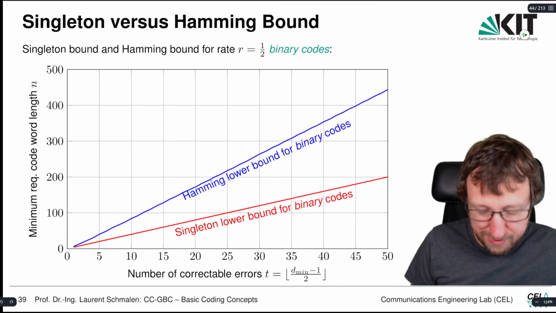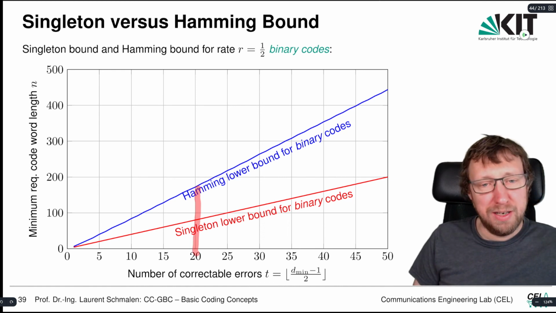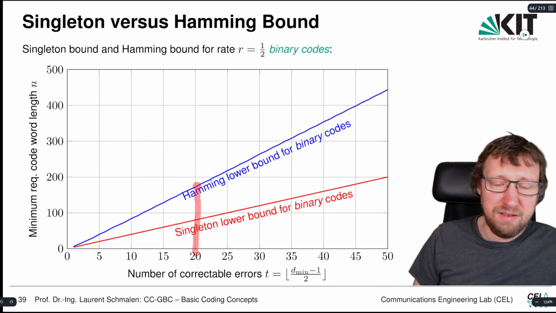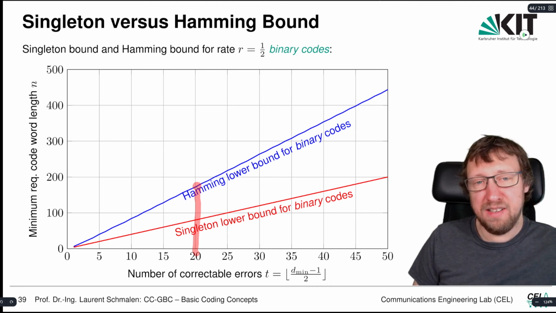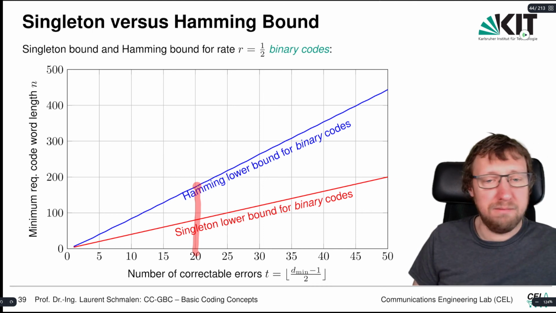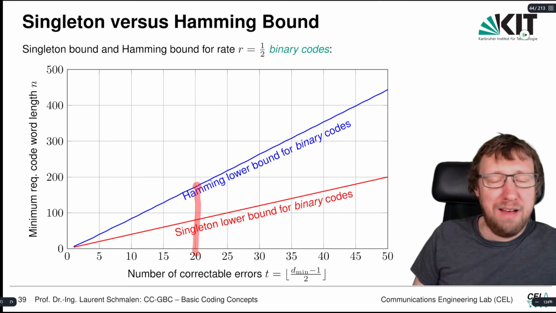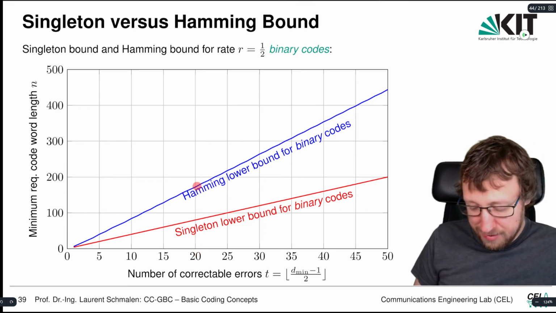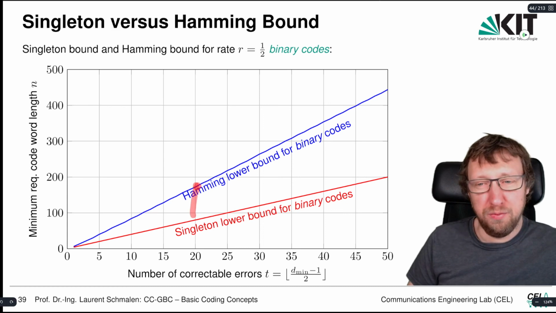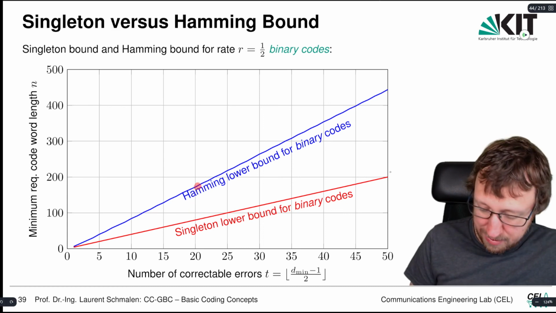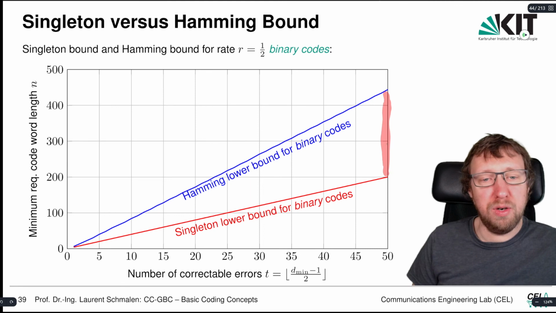The Hamming bound says, look, if you want to correct 20 errors, you better use 180 something bits at least. Because with 90 bits, you will never get there. So it's actually off by a factor of more than 2. And here you can see a factor of more than 2 between the two bounds.